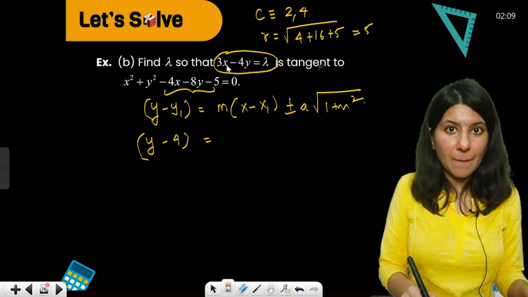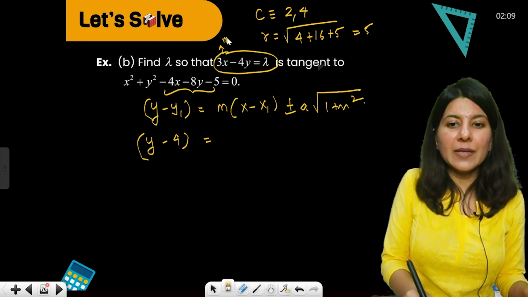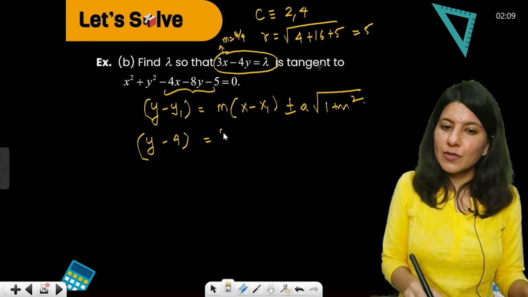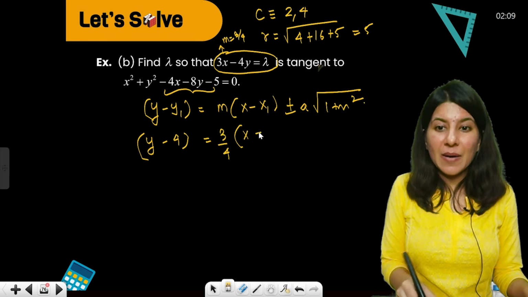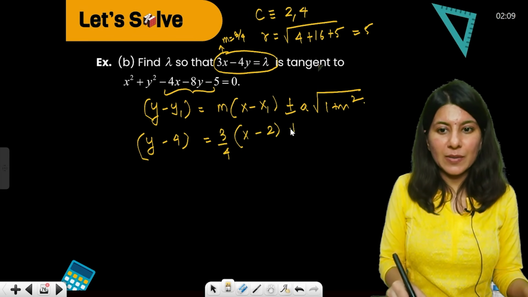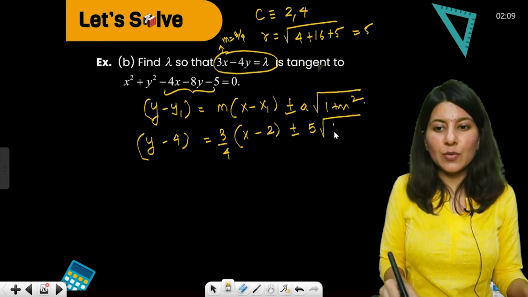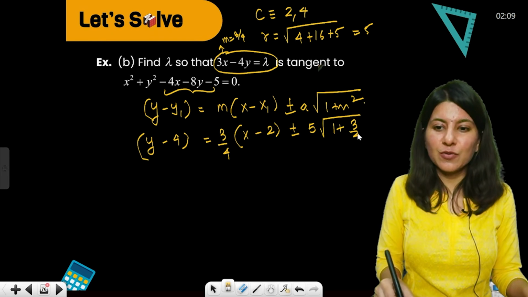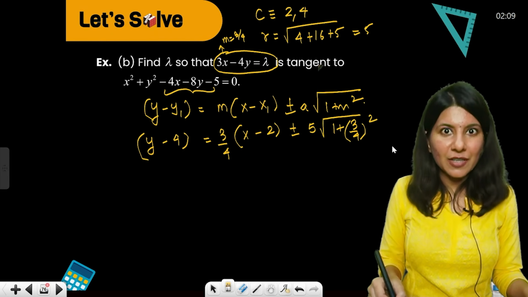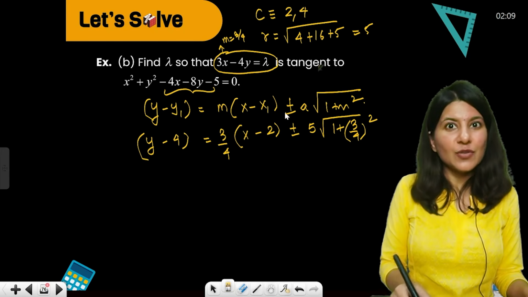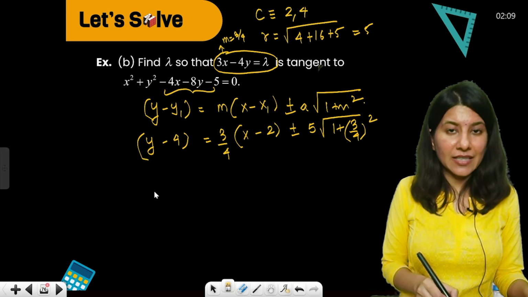Minus 3 by minus 4, so slope will be 3 by 4. So y minus 4 equals 3/4 times x minus 2 plus minus 5 square root of 1 plus m square, where m is 3/4 square. Just solve it out and you will get the value of lambda right away.